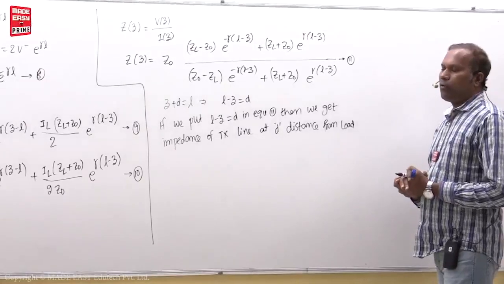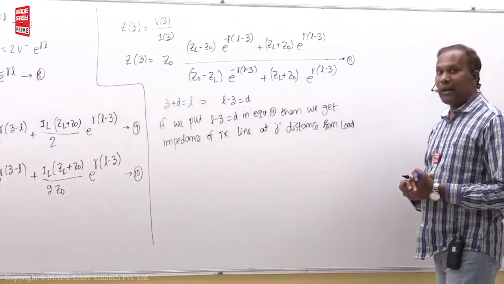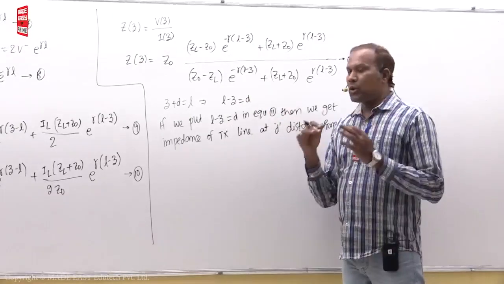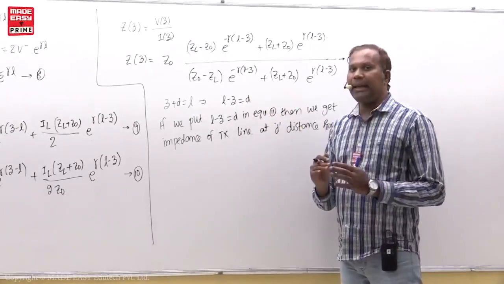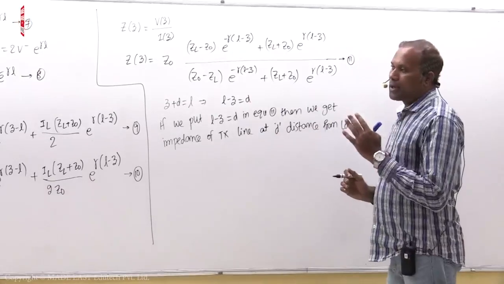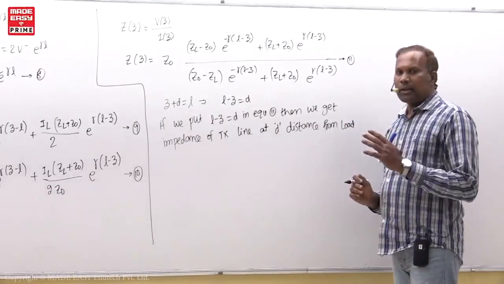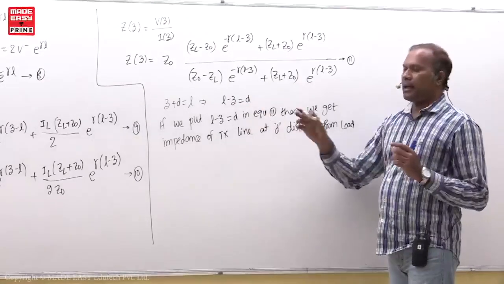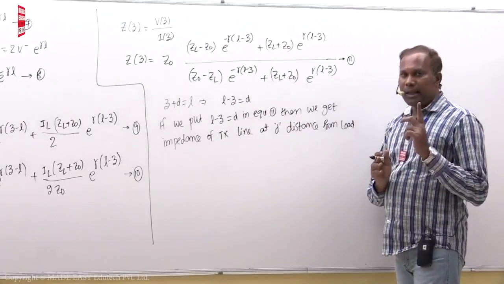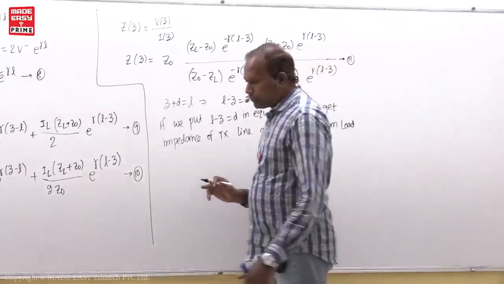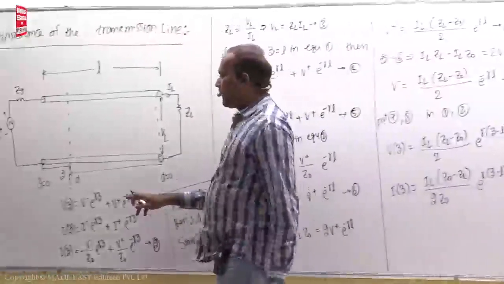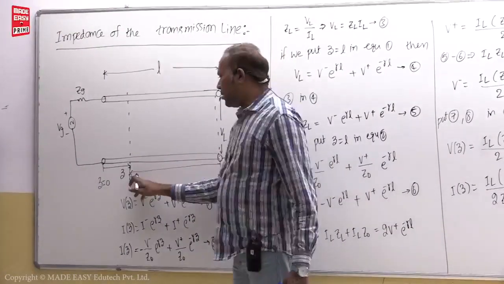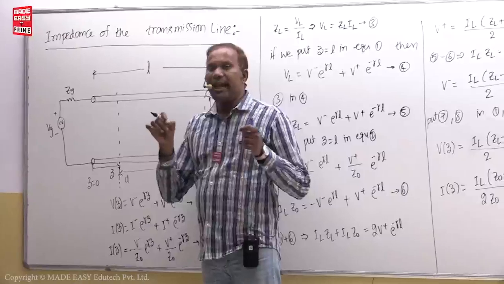Do you remember? While finding the reflection coefficient equation, I substituted this relation. If I substitute this relation, then only it is guaranteed that small z distance from the source end and small d distance from the load end give the same location.